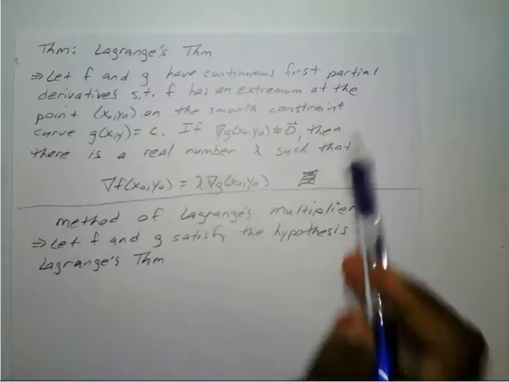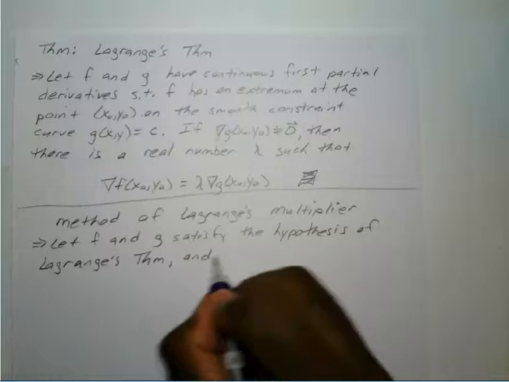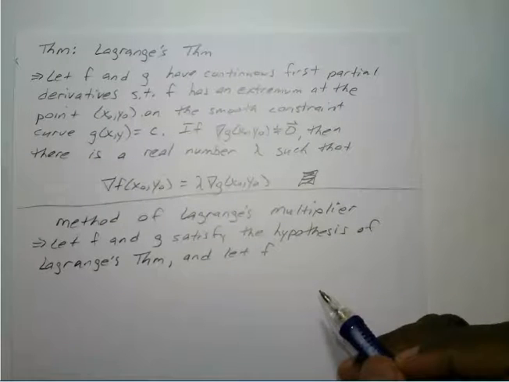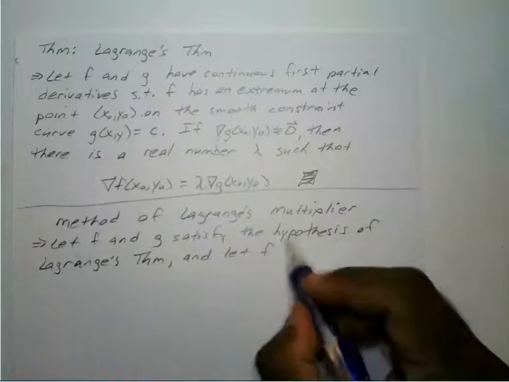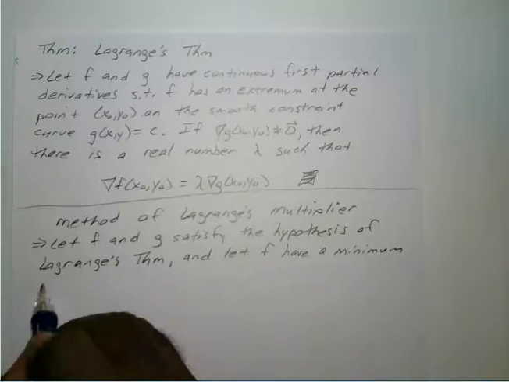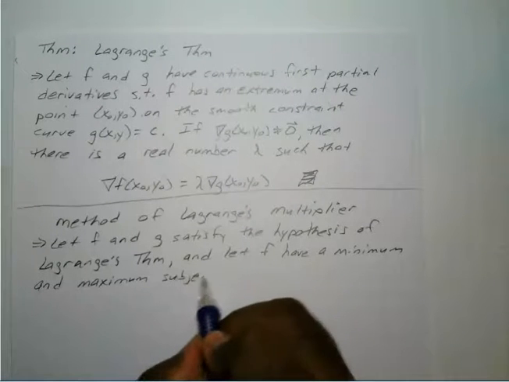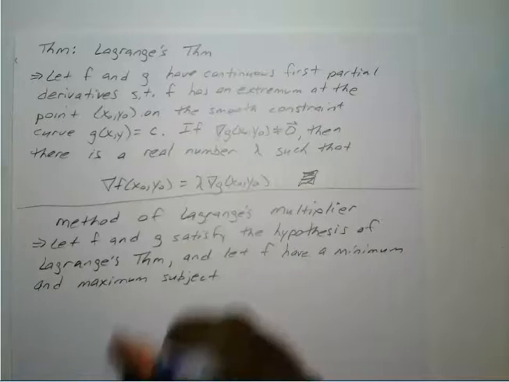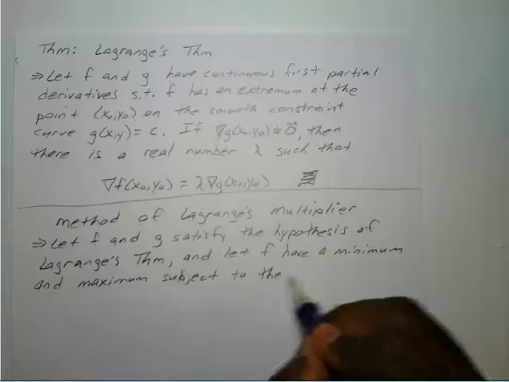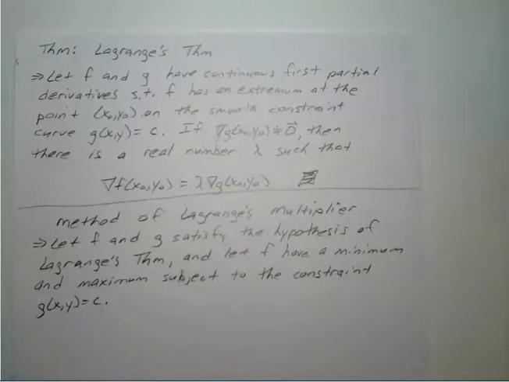Okay, so in other words, all of the conditions of Lagrange's theorem up here are met. In addition, let f have a minimum and maximum subject to the constraint of g of x, y equals some constant c.